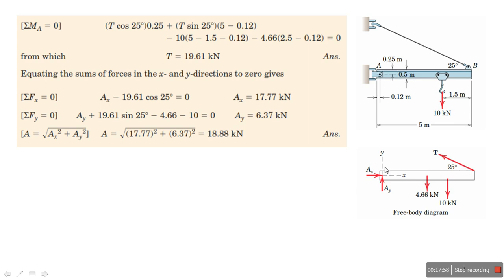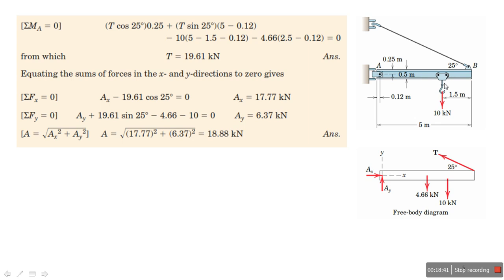So this component T cosine 25 multiplied by 0.25 meter, in this direction counterclockwise, plus T sine 25 multiplied by the length of the beam. The length of the beam is 5, minus this distance. Why? Because we are talking about the moment about A.